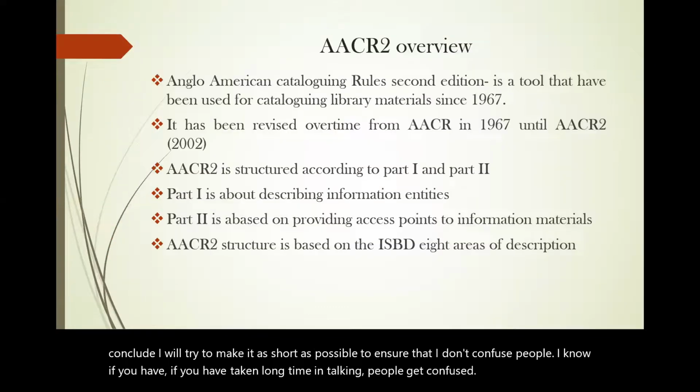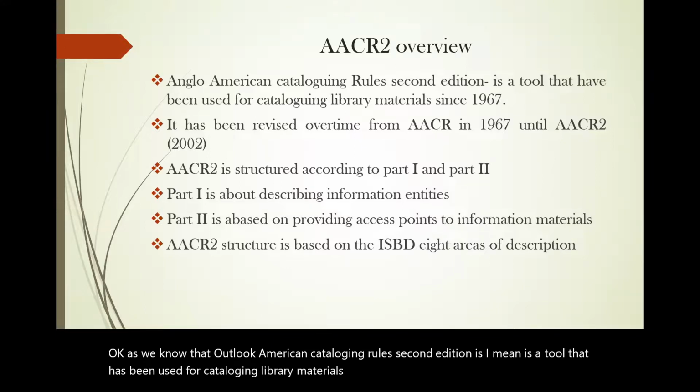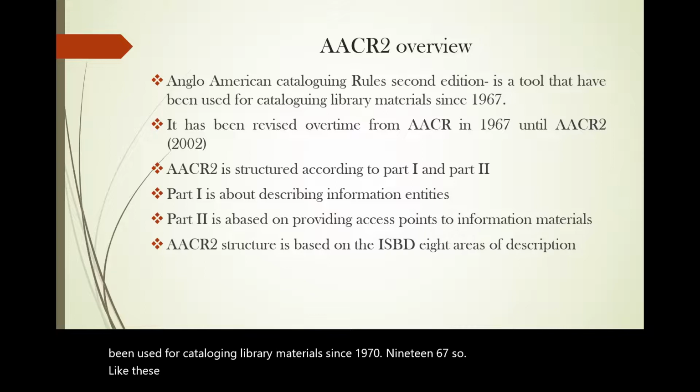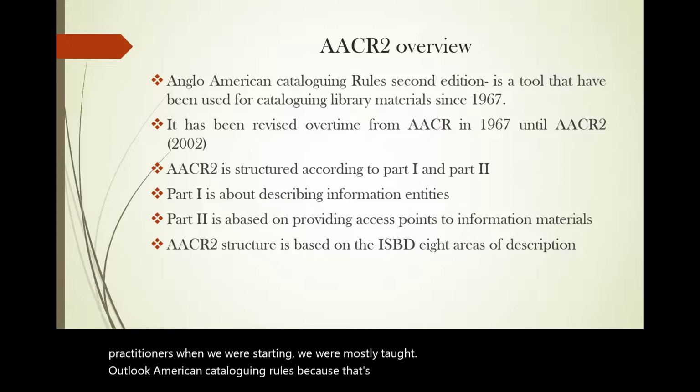Okay, as we know, Anglo-American Cataloging Rules Second Edition is a tool that has been used for cataloging library materials since 1967. Like this tool, as you know, most of us, I'm sure I'm talking to practitioners, when we were starting, we were mostly taught Anglo-American Cataloging Rules because that's what was used in libraries.